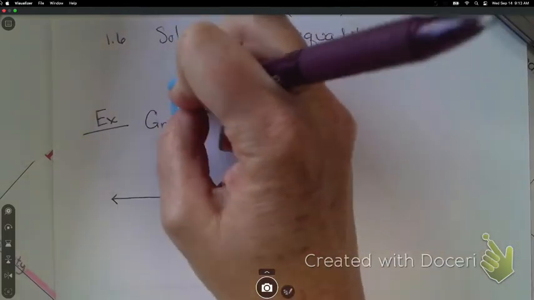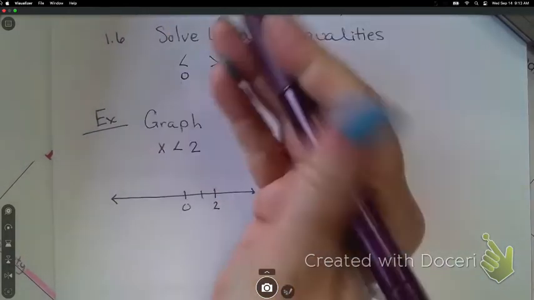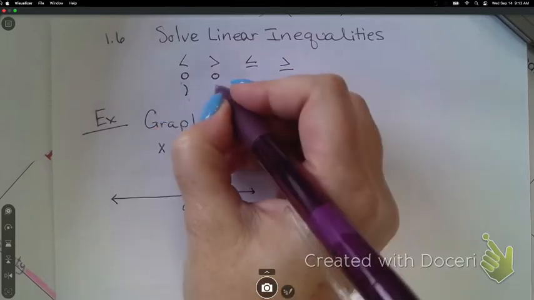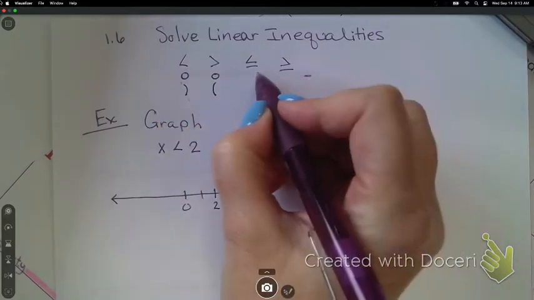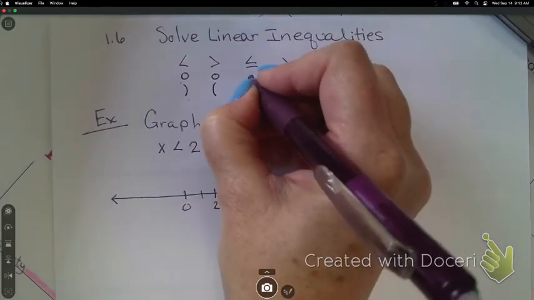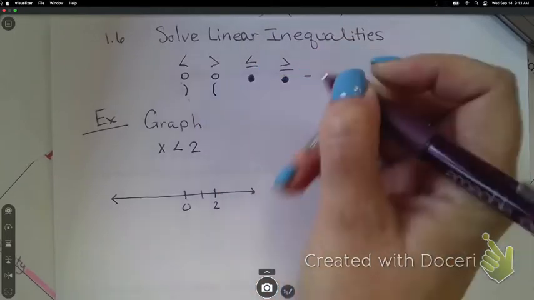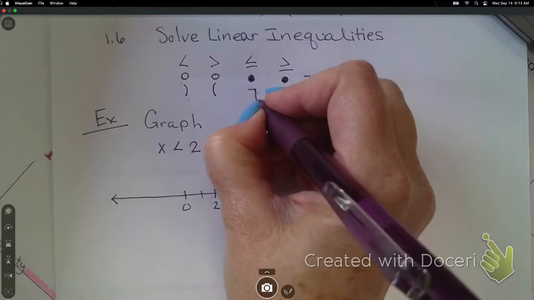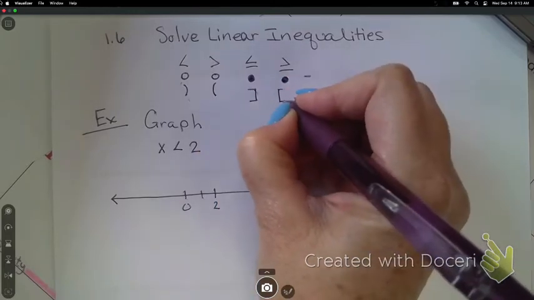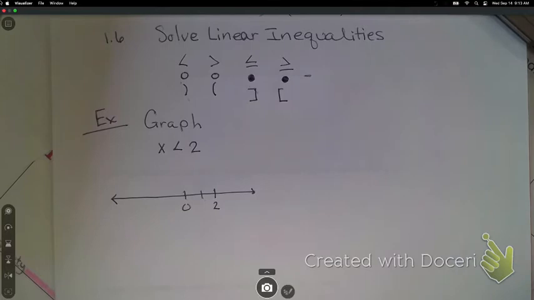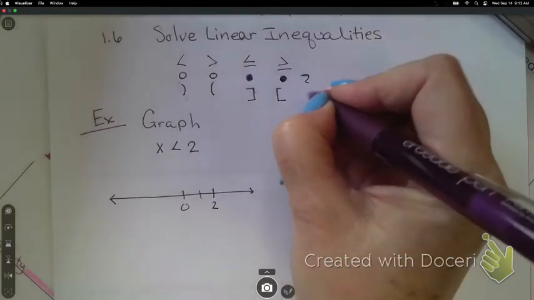Actually, it would be this parenthesis when I graph, and I will show you both methods. If I'm doing the less than or equal to and greater than or equal to, I use a closed circle or a bracket. Okay? These are for graphing.